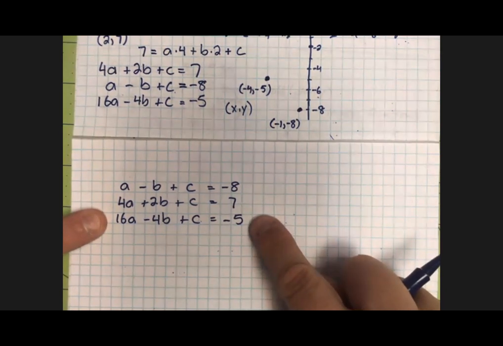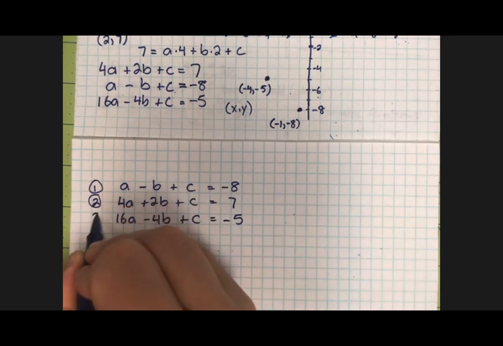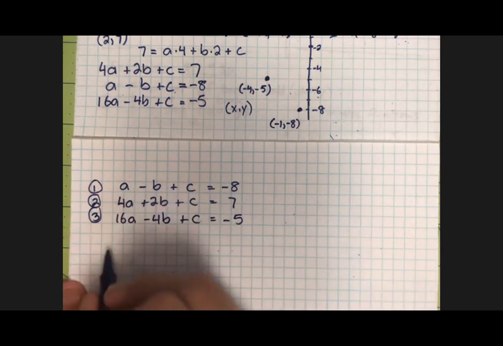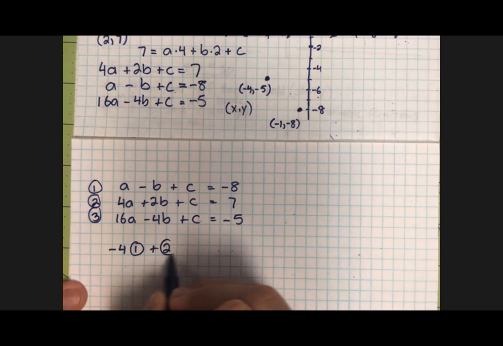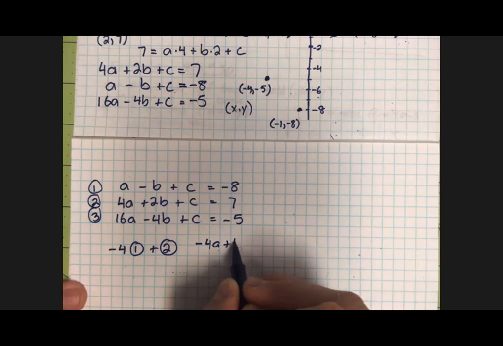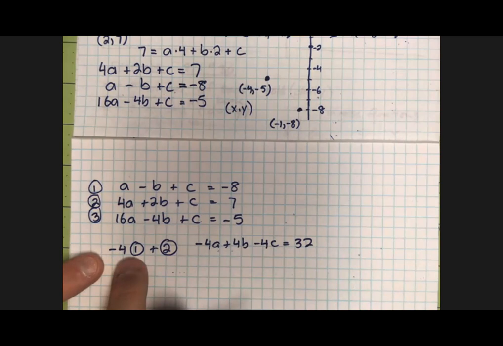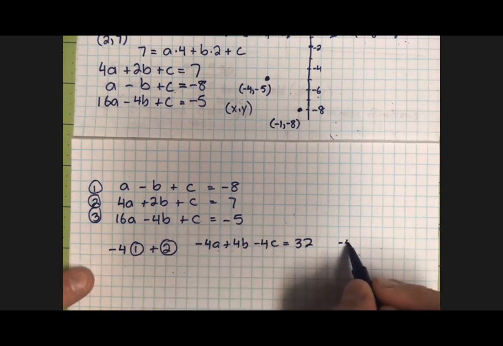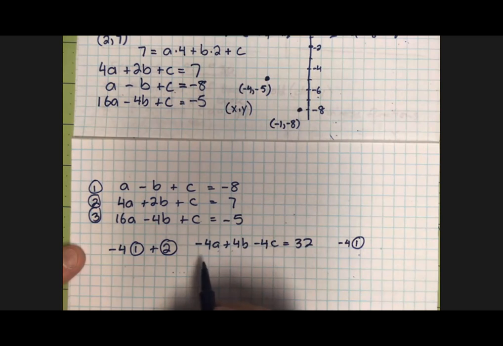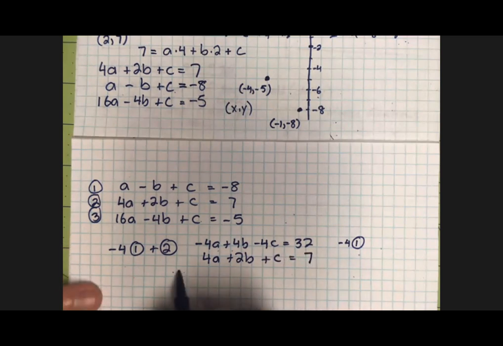Now you got to remember how we did this. What did we say? We add multiples of one equation to the other. So if I say -4 times the first equation and add it to the second equation, what do I get? -4A plus 4B minus 4C equals 32. That's -4 times the first equation. Let's add it to the second equation. 4A plus 2B plus C equals 7.